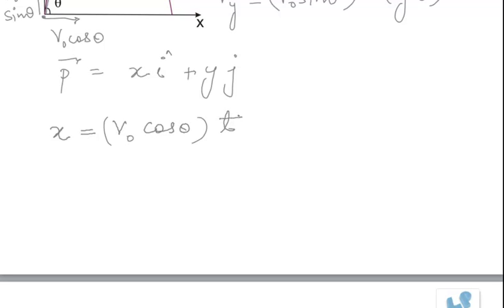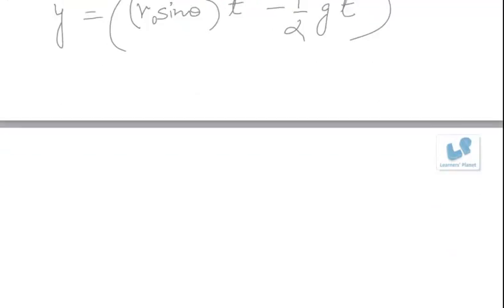So in time t, the distance that it would travel is v naught cos theta times t. And in the y direction, which is uniformly accelerated motion with an initial velocity of v naught sin theta, the formula is s is equal to ut plus half at square. So this will become v naught sin theta t minus half gt square.